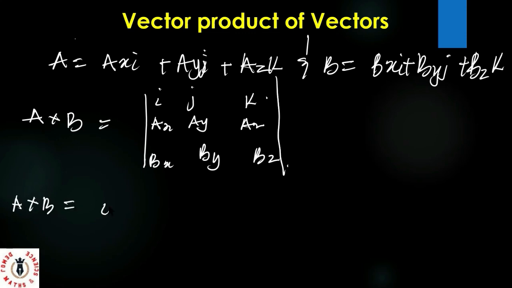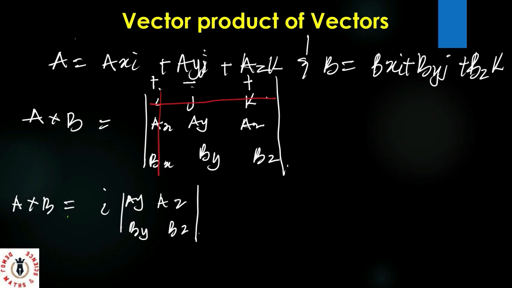Now find the determinant of this 3 by 3 matrix so that my cross product A times B will come from i into. Now when looking for the determinant of a 3 by 3 matrix, I'll break them into minors and cofactors so that this will be positive, here will be negative, here will be positive. So I'll pick the elements out of this matrix so that here I'll be left with Ay, Az, By, Bz. Next, I'll be picking j.